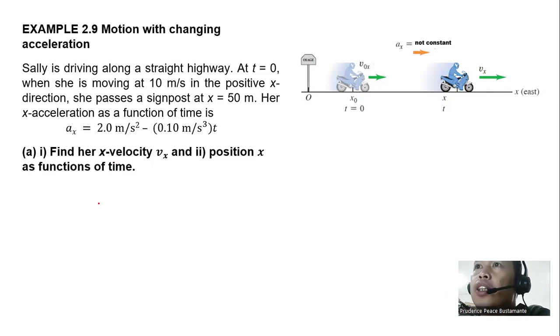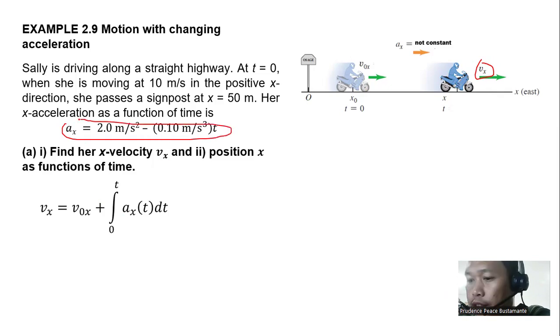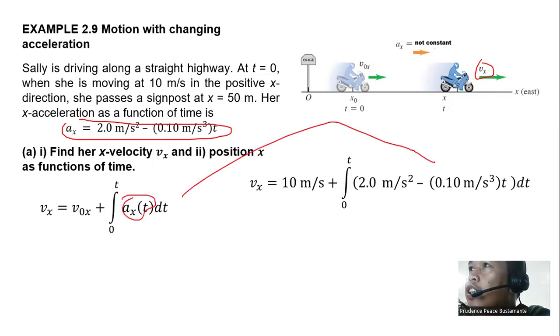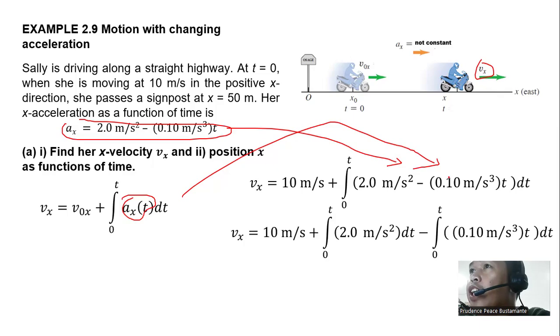Okay. So from the formula, you can get the velocity by integrating this one. If you plug in this a x here, this is what it looks like: the initial velocity in meters per second plus the integral of the acceleration with respect to time.